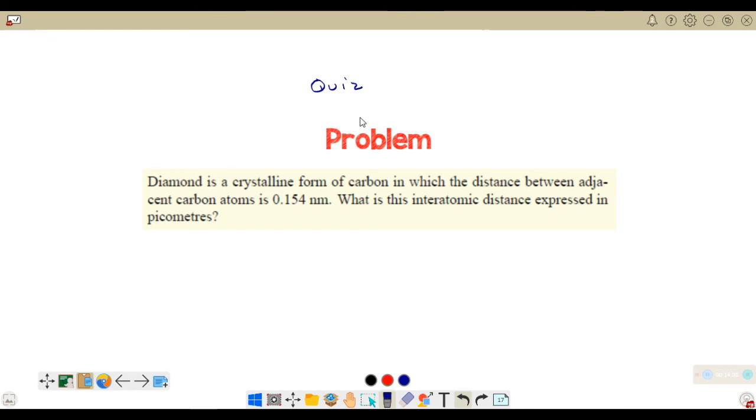What is this interatomic distance expressed in picometers? And also, express your answer in scientific notation.